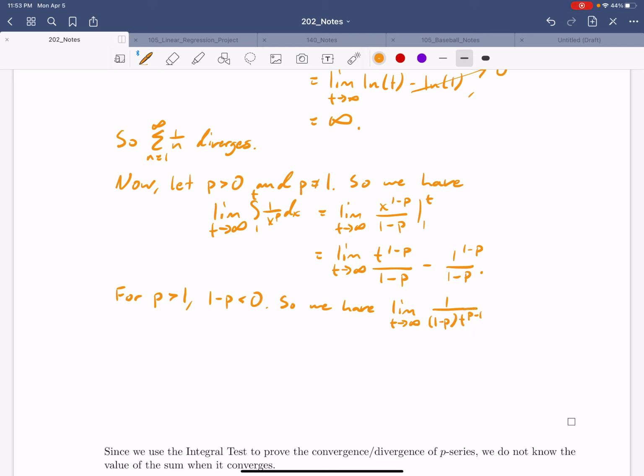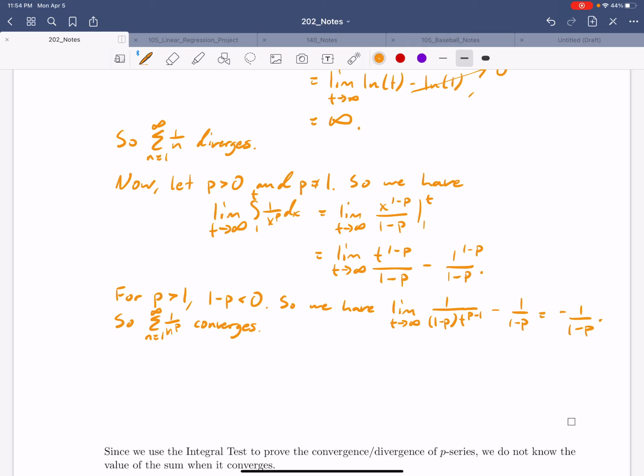We flip the exponent because we're putting it in the denominator, minus, and then this is just 1 over 1 minus p, which equals negative 1 over 1 minus p, or 1 over p minus 1 if you prefer. So our sum converges. Okay.